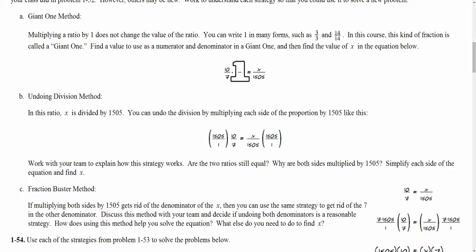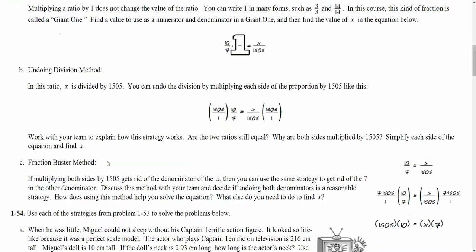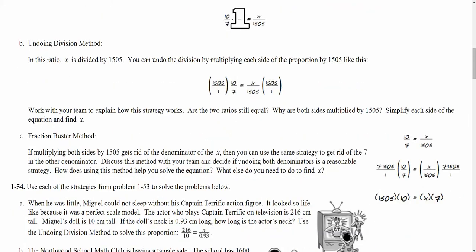Okay? And the third method is also very, very similar. Fraction Busters comes back a lot. You spent some time in 7th grade talking about Fraction Busters. Fraction Busters, you use both denominators so that you make fractions go away. Fraction Busters makes fractions go away, and that's why we like Fraction Busters.